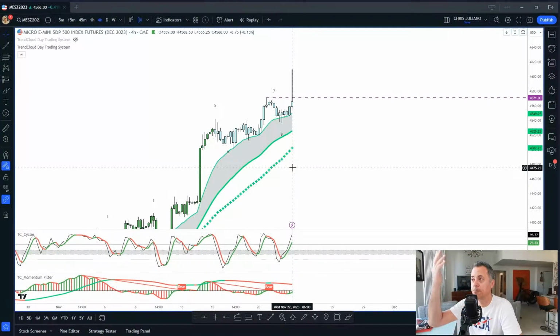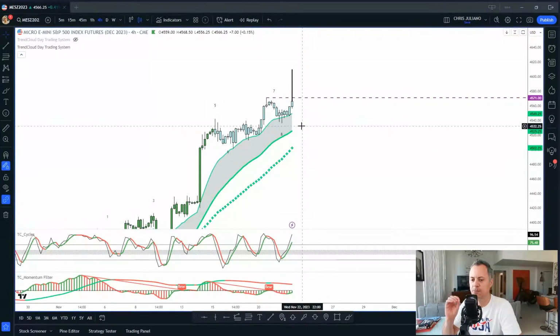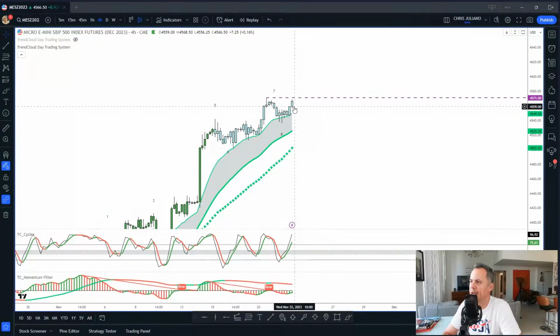It can break above that pivot candle. It just can't close above that pivot candle. So in this situation right now, we do have a double top.